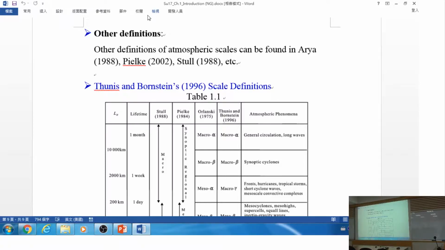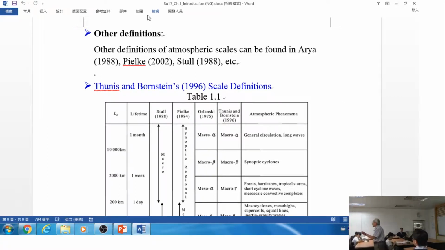On which scale he defined the scales: macro, meso, and micro. It's Japanese, so they have the translation of those scales.